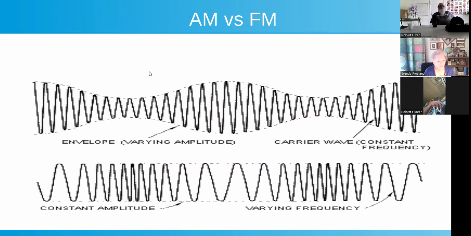Here's a comparison of what an amplitude modulation, or AM, signal like your AM radio looks like, where the carrier amplitude is changed proportional to your voice. The amplitude of your voice increases or decreases the amplitude of the carrier signal. You see what they call an envelope, this little dotted line around the thing.